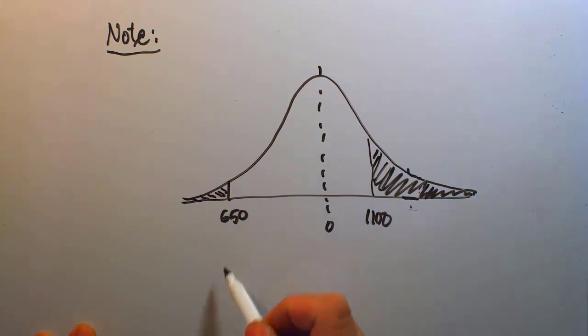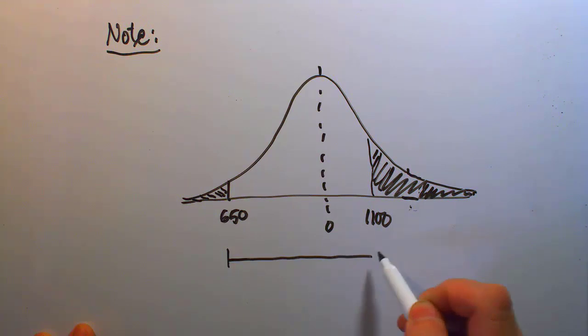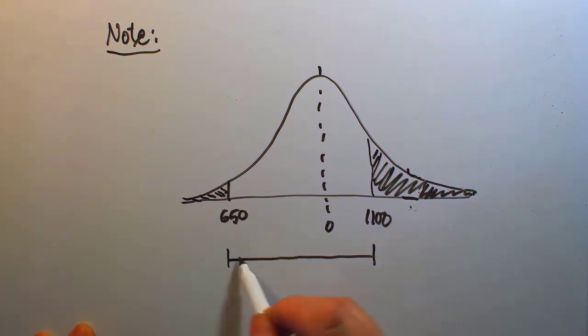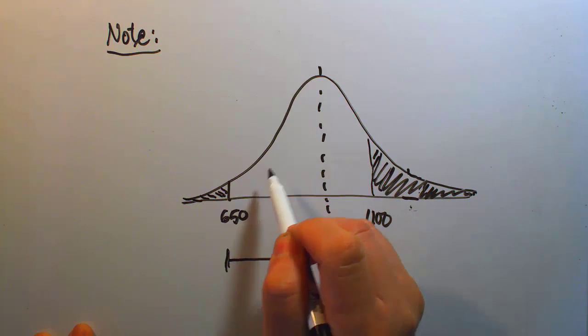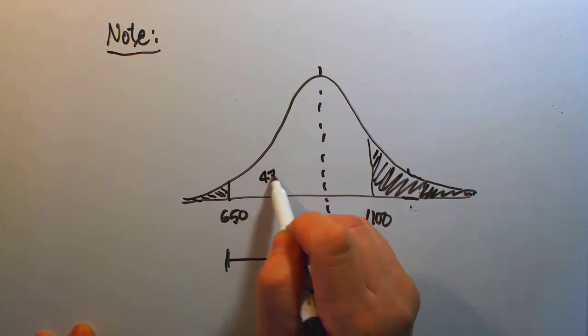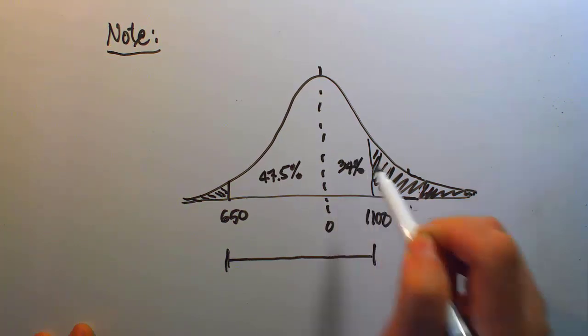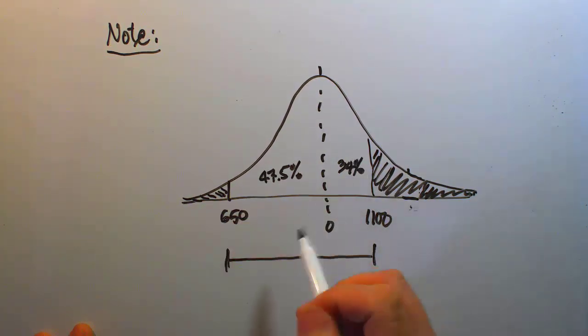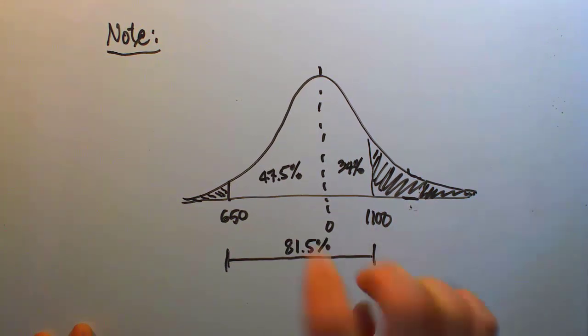You can quickly calculate how much area is between here and here: 47.5 on the left, and 34 on the right. All together that takes 81.5% inside of that empty area.